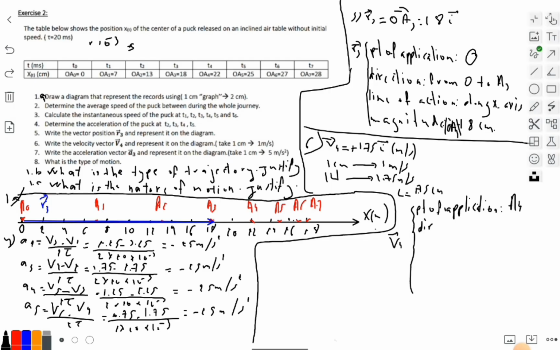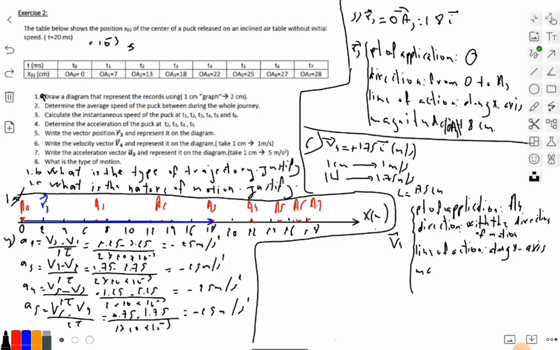Direction: with the direction of motion. Line of action: along the x-axis.